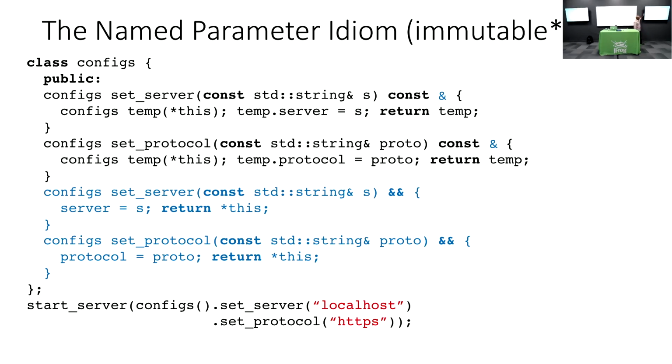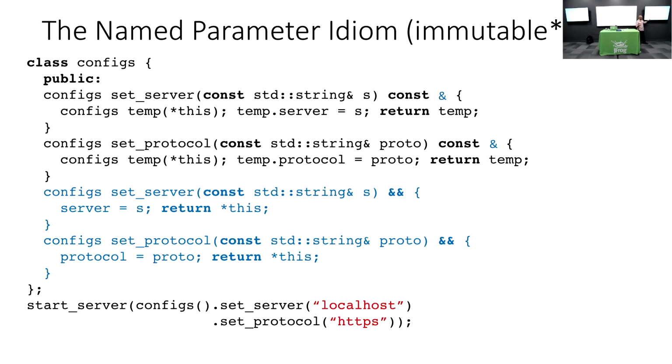So this is an rvalue reference qualified overloaded function. So whenever set server and set protocol is called on an rvalue, that's a temporary, this function will be called. And to disambiguate that from a regular lvalue object, calling a function on that would use a little ampersand. If you note, there is a little ampersand up there.